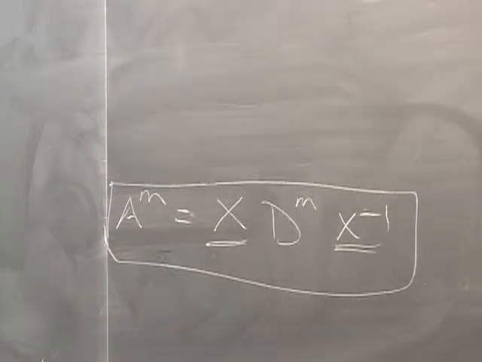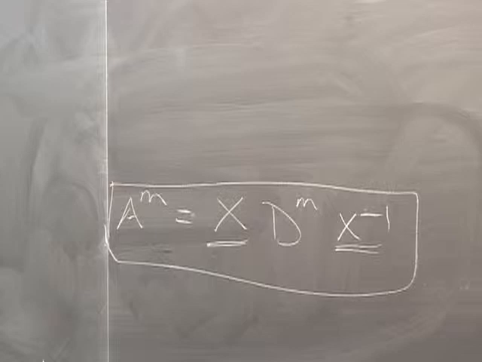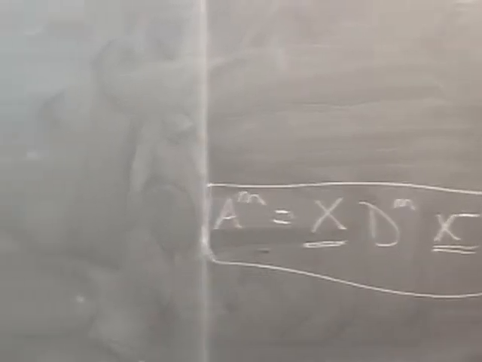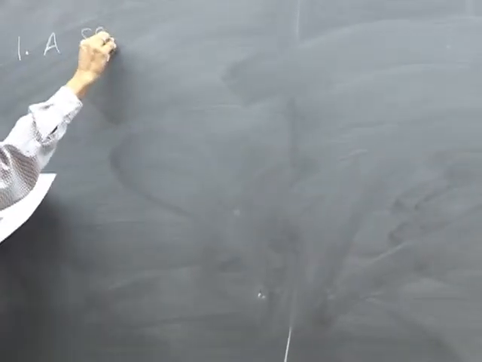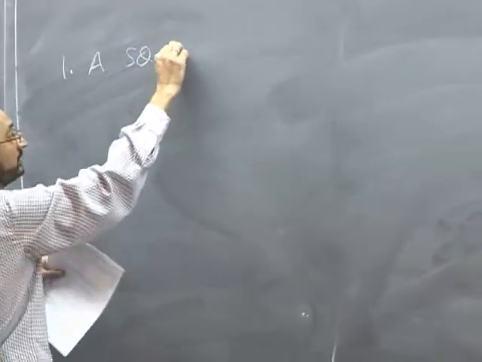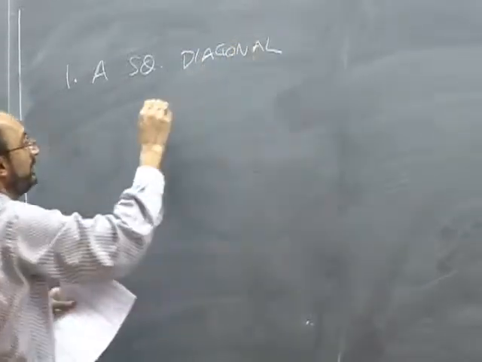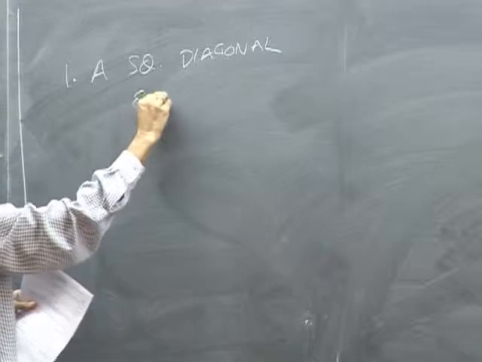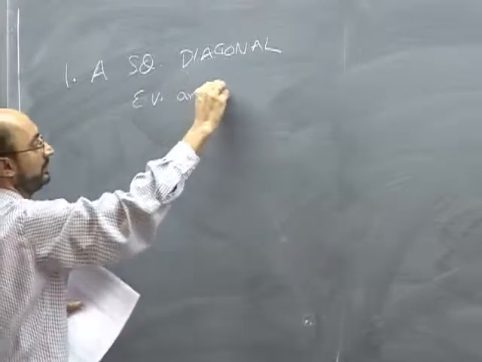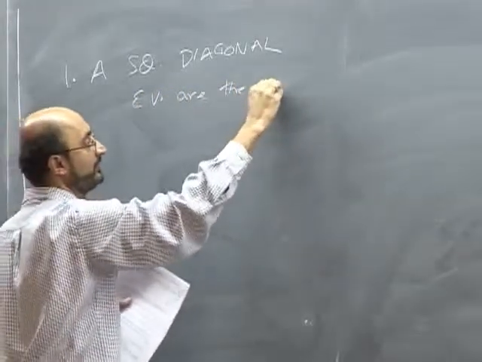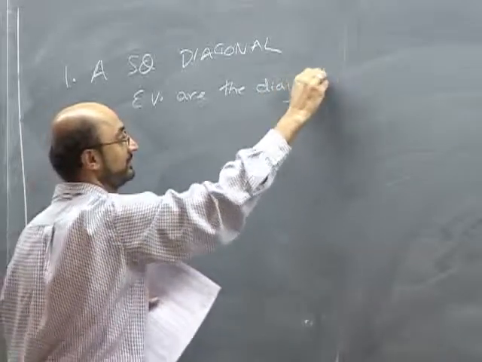Now I want to show a couple of properties about eigenvalues and eigenvectors which make life a bit easier. The first one is that if A is square and diagonal, then the eigenvalues are the diagonal elements. We saw this already last time, so I'm just going to state this.